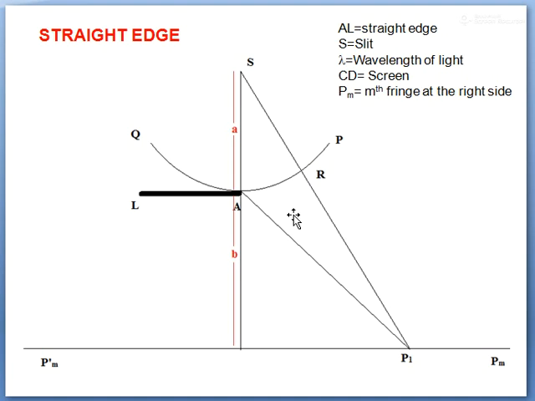Now the cylindrical wavefront PAQ that is propagating, and suddenly it will be obstructed by the straight edge at A. এবং এই straight edge A তে obstruction এর জন্য on the screen it will produce some diffraction phenomena. ধরে নাও AL হচ্ছে straight edge, S হচ্ছে slit, lambda হচ্ছে wavelength of the light, CD হচ্ছে screen, এবং AL এর এই পোর্শন হচ্ছে বেসিক্যালি straight edge.